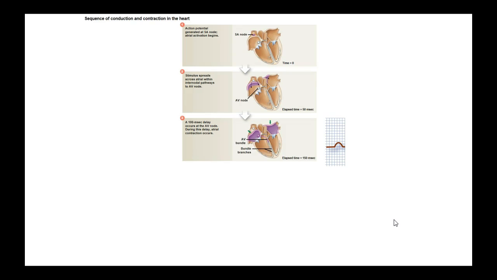So here, this part of the wave is called the P wave. Okay? And so P wave is indicating what part of the electrical conduction system? So what do we see in depolarizing? What part of the heart?